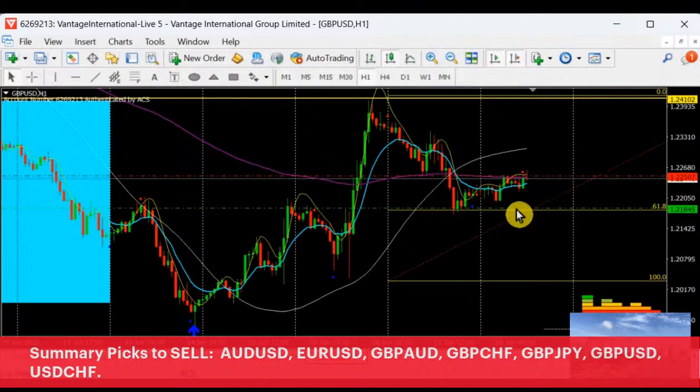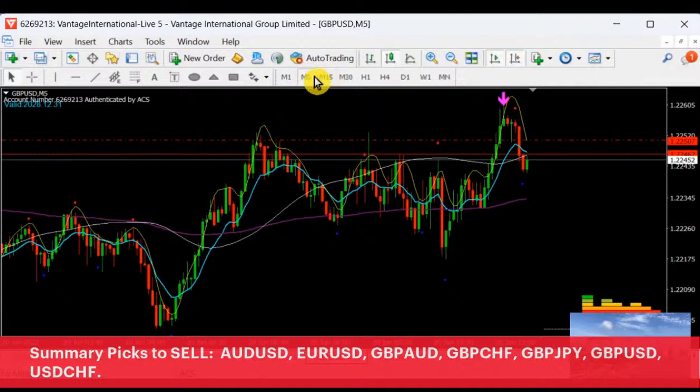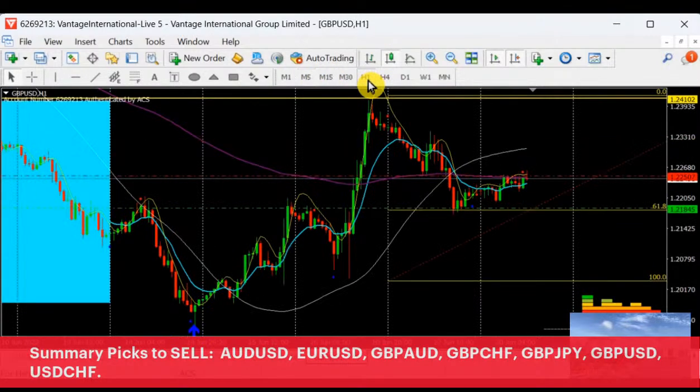Resistance is 1.2267 8, about there. And the support is 1.2180 3. Good.